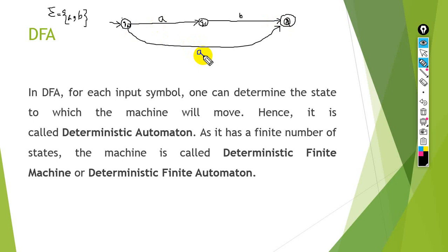So in case of NFA, we can have two transitions with the same input symbol. Look at this: from Q0 we have a transition toward Q1 and the input is A. We also have a transition from Q0 toward Q2, which is the final state, and its input symbol is also A. This is not allowed in DFA.